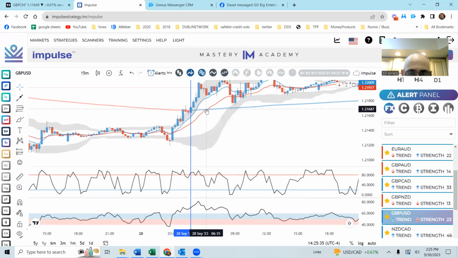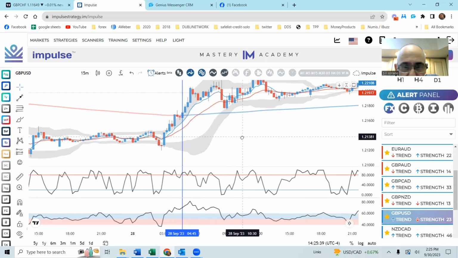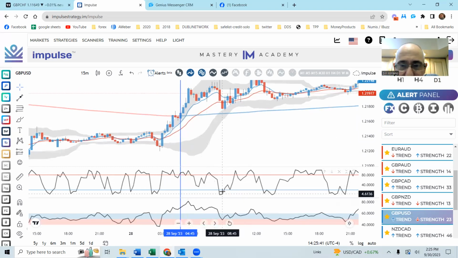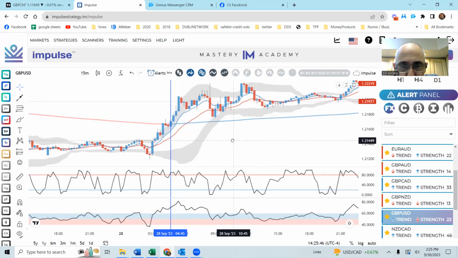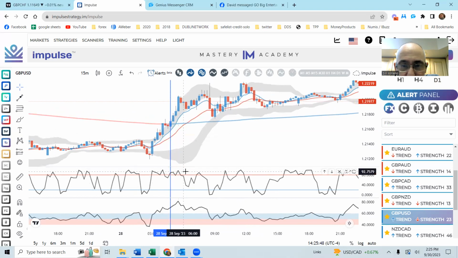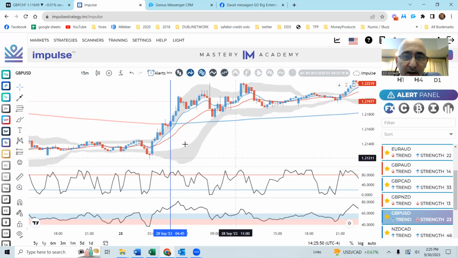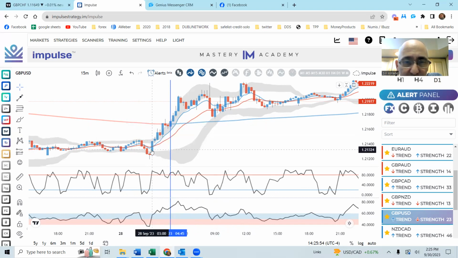And now what we need to look for is for price to come down to the blue line here, right? Okay, so right now it's up in the red line saying it's overbought. So we obviously don't want to buy it there. So we have the primary trend is blue, is bullish. The secondary trend is bullish.